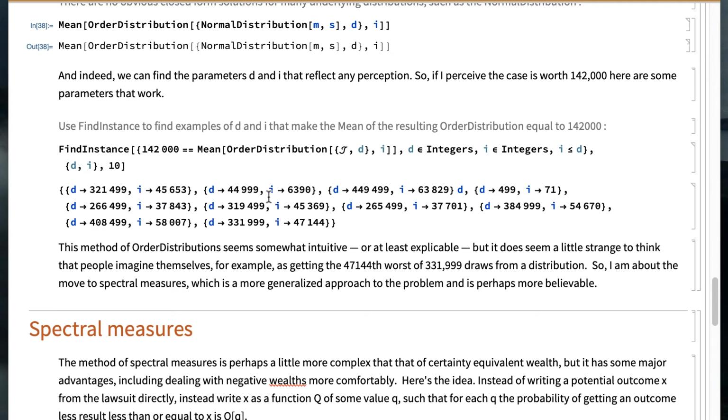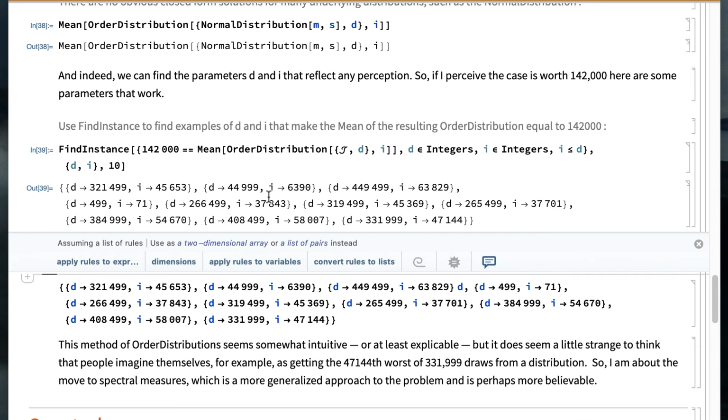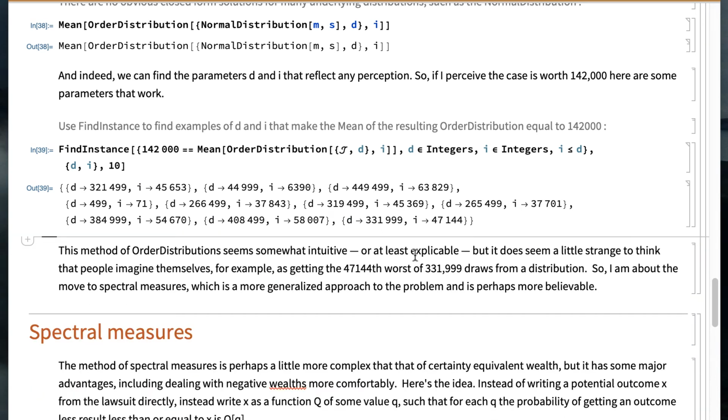And so I can ask Wolfram Language to find me 10 examples, and it turns out that if I think it's worth $142,000, that is consistent with, for example, me thinking that of the 331,999 draws, I am going to get the 47,144th worst. And that does seem rather silly.